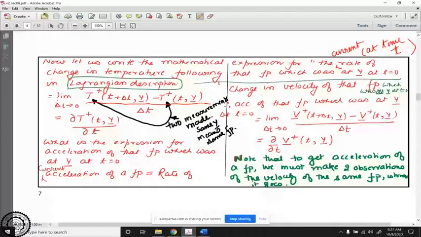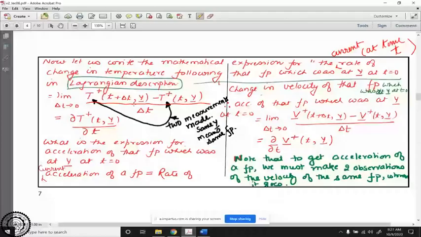What will be the expression? So this will be the expression, I've written it here. T plus at t plus delta t comma y minus T plus at t comma y, divided by delta t. Take that limit, and that should be the rate of change of temperature when you follow that fluid particle which was at y at t equals 0.